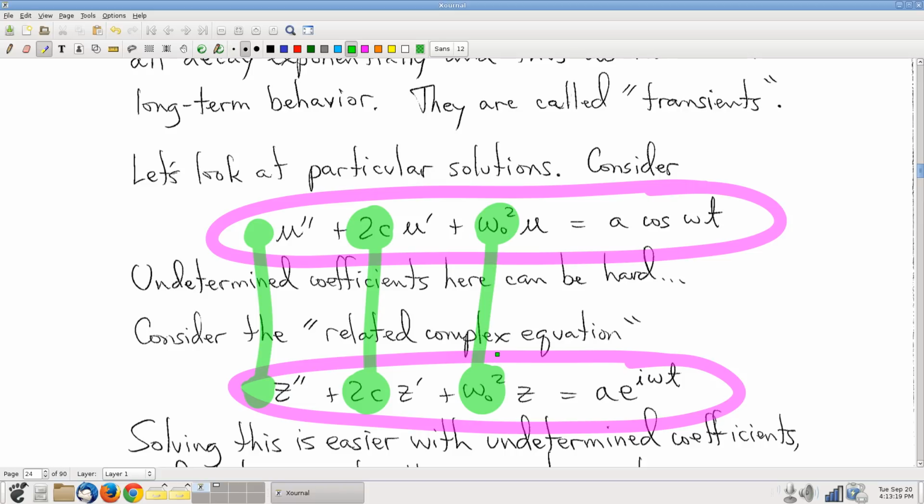Same coefficients on the left-hand side. I'm calling these solutions Z instead of U. The other thing you might notice is that this right-hand side is exactly the real part of that right-hand side. That's going to turn out to be really useful.